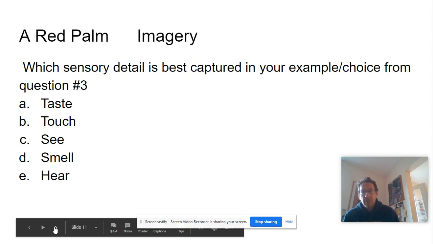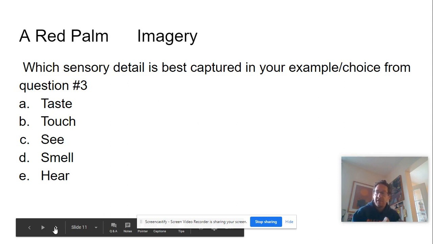Too many choices. So we just said that this is dust settling on the forehead. It's something we could taste. No, we're not seeing that in the poem. It's not as if it settled into his mouth, I'd say fine, but we can eliminate that. Something you can touch, all right, that's a possibility. But what's the imagery?